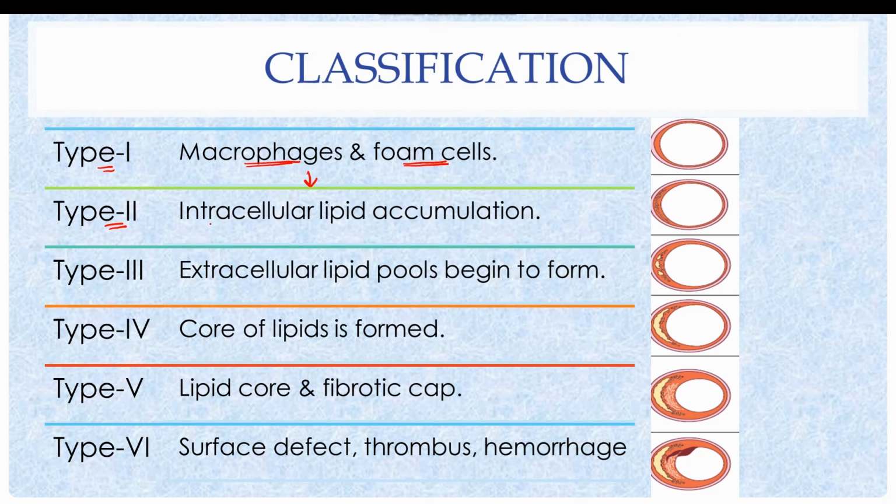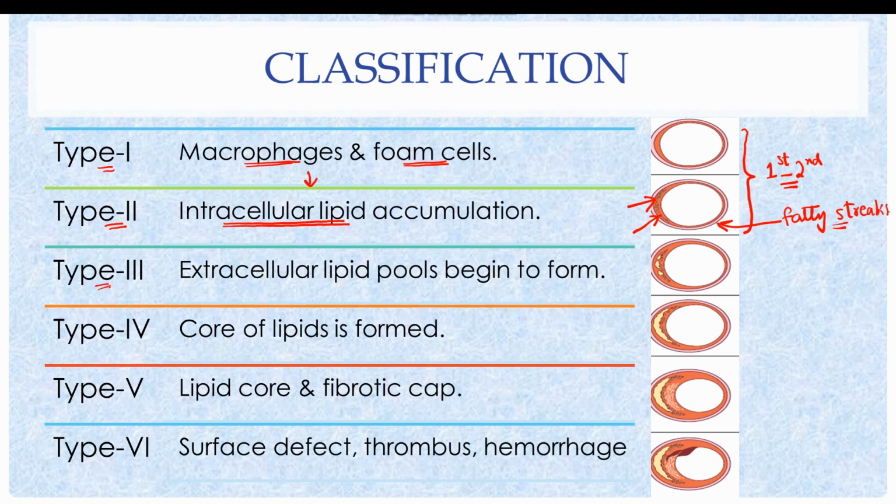In type 2 atherosclerosis, there is formation of foam cells as well as intracellular lipid accumulation. As you can see here, there are small lipid particles accumulating inside the atheromatous plaque. Type 1 and type 2 atherosclerosis typically occur in either the first or second decade of life, and are also characterized by the presence of fatty streaks.